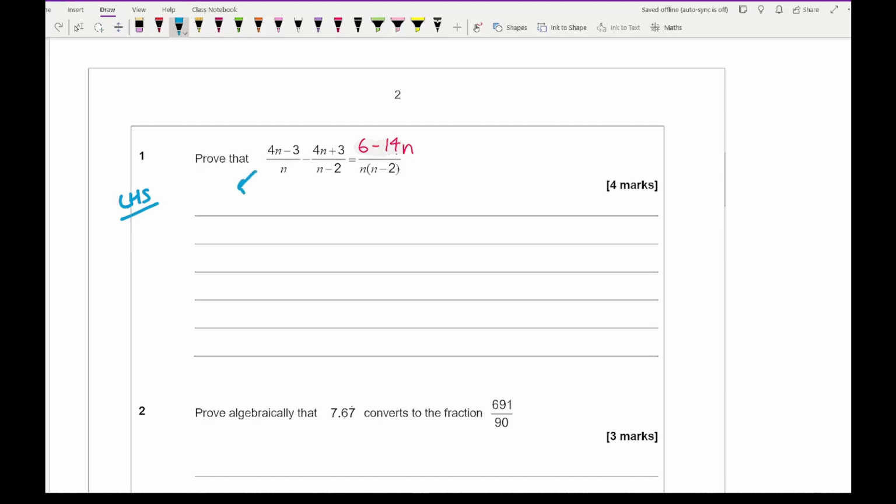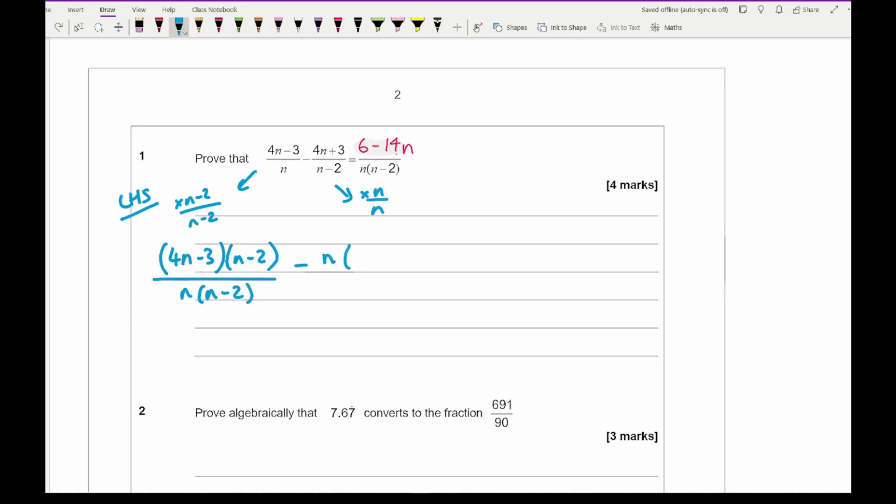So I'm going to multiply this first fraction by n minus 2, and I'm going to multiply this second fraction by n over n. What that leaves me with is 4n minus 3 multiplied by n minus 2, all over n minus 2, minus n times 4n plus 3 over n minus 2 times n.